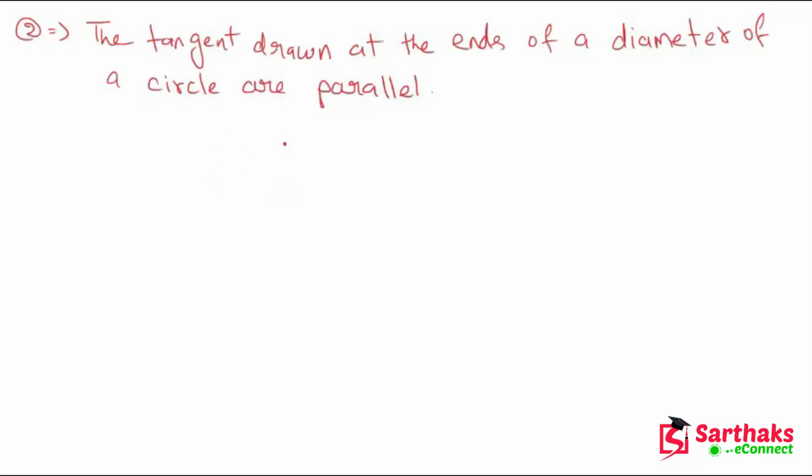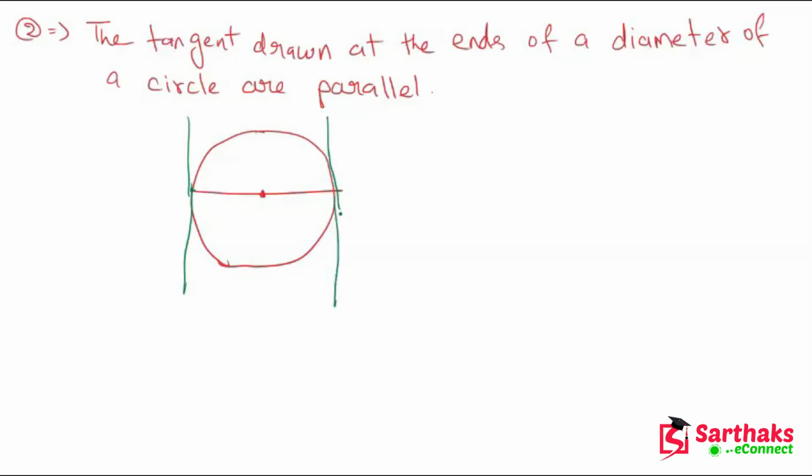It is saying that we have a circle like this. This is the center. From this center we have a diameter. Now if we draw the tangents from the ends of the diameter, let's suppose this is the tangent from this point and another tangent is this.